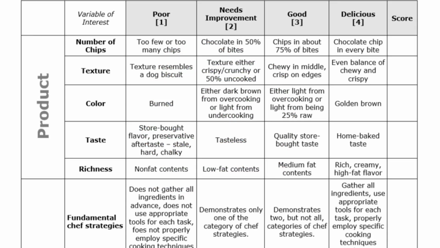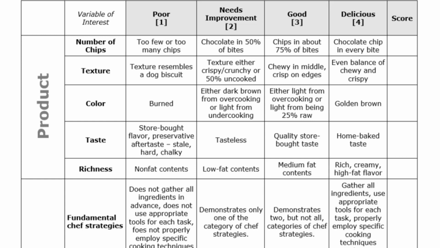Well, as indicated earlier, you can break this up into 2 main categories, the product and the performance. I have the product ones on display here. And again, there are 4 criteria from poor, that would be a score of 1, to delicious. The variables of interest that I would be evaluating when it comes to the product would be, first of all, the number of chips.